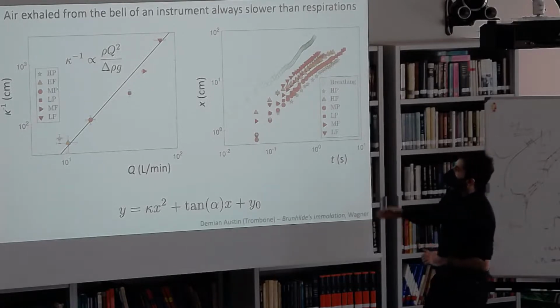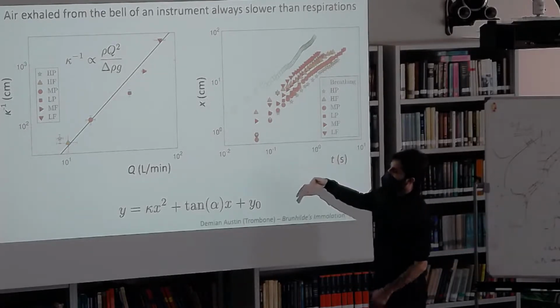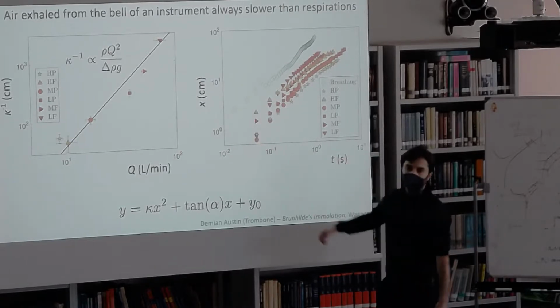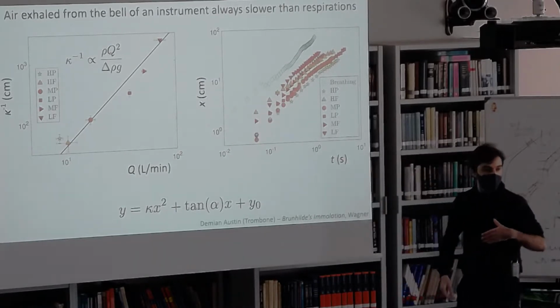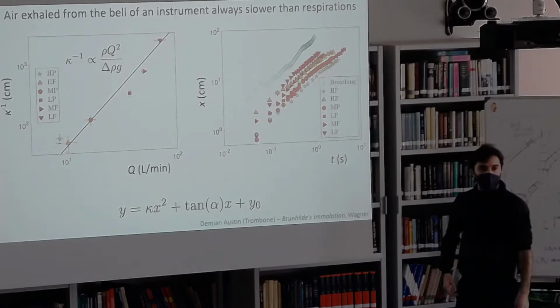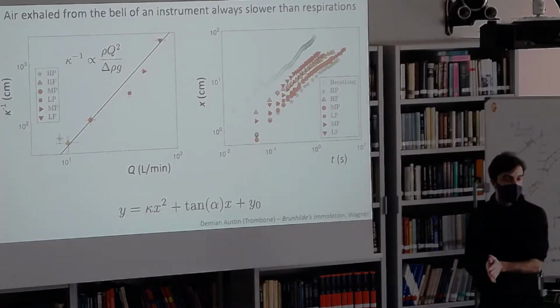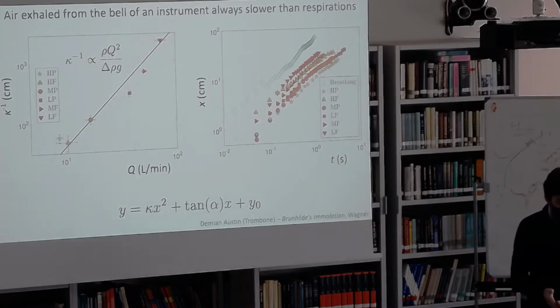And you see that all the air coming from a trombone, for all the notes you can imagine, is lower than the breathing pattern you have. Which means that the leading driving force for conveying those droplets will be the breathing pattern of the musicians and not what comes from the bell of the instrument.